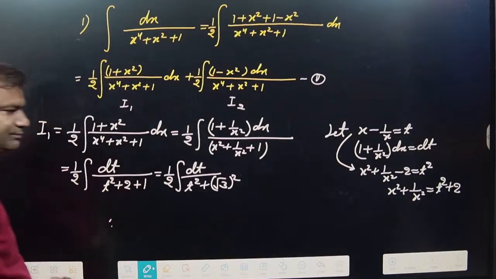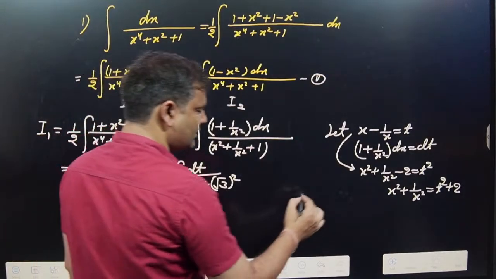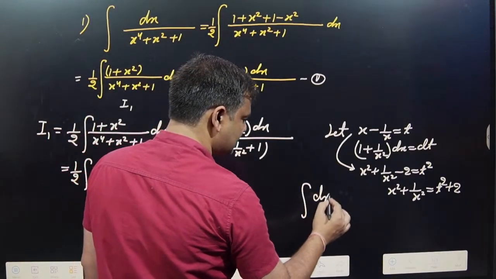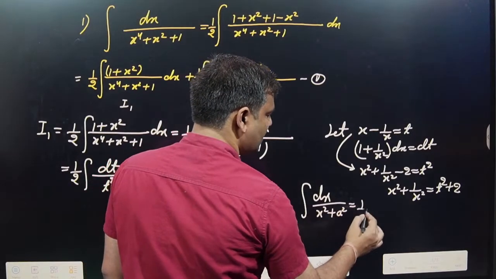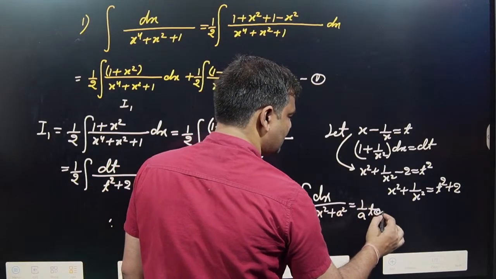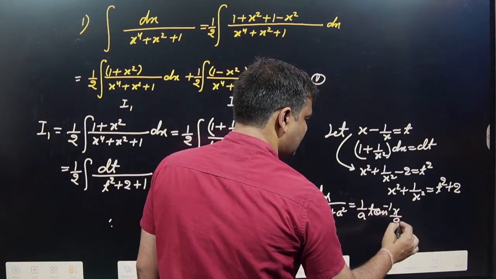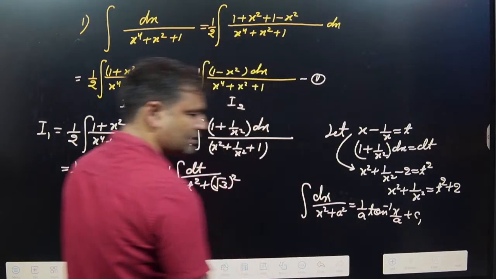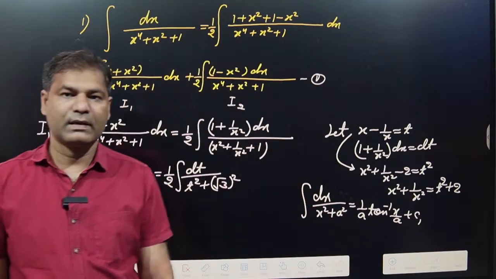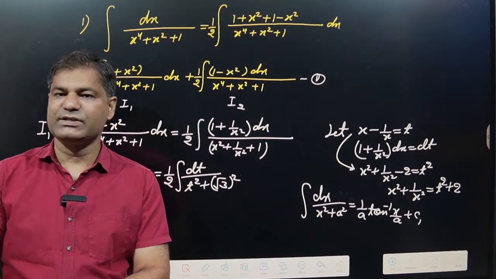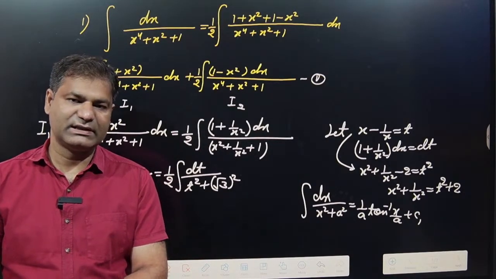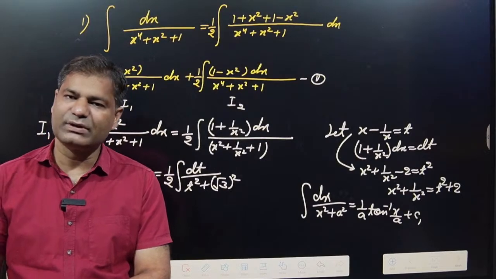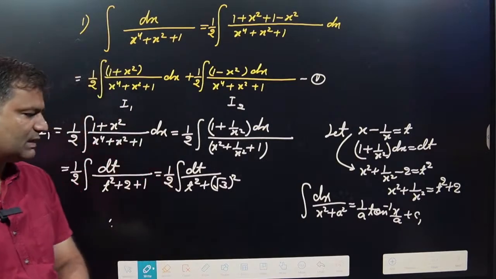I know that integration of dx divided by x square plus a square is 1 by a into tan inverse x upon a plus c. Basically, if integration of dx divided by x square plus a square is given, then it is simply 1 by a into tan inverse x upon a plus c.